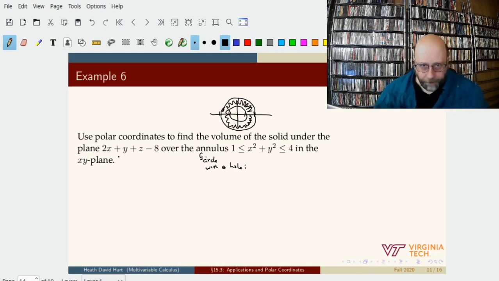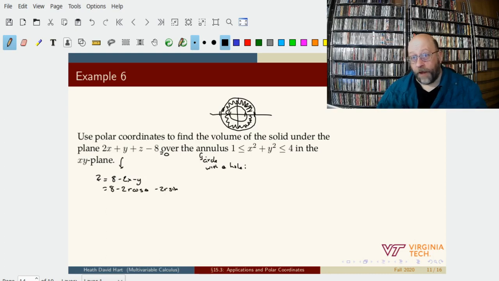All right. My plane is z equals, well, it didn't say what this equals. Probably equals 0. So z is going to equal 8 minus 2x minus y. And that's going to be 8 minus 2r cosine theta minus r sine theta.